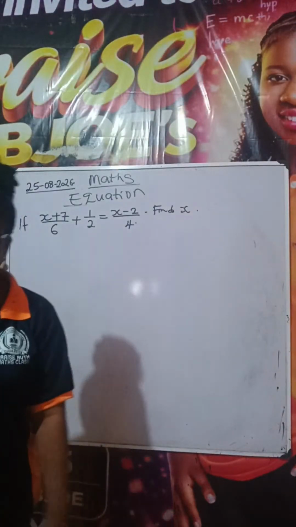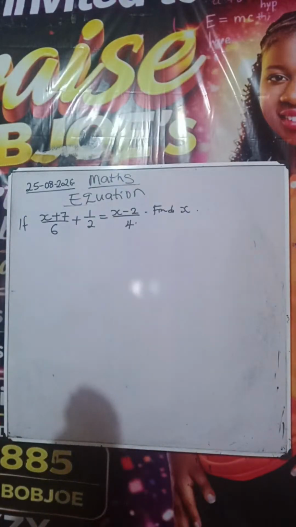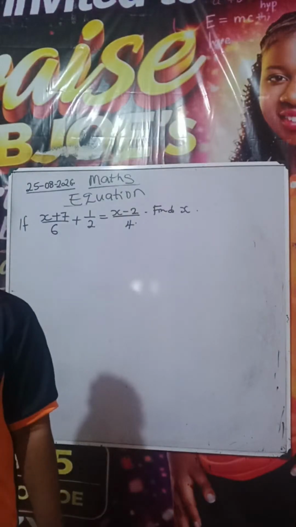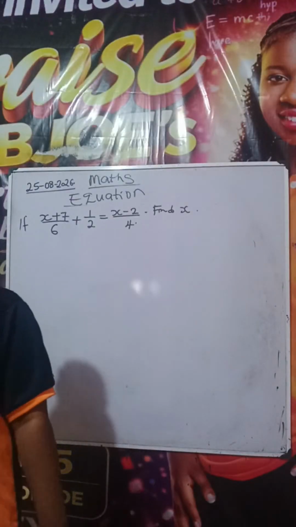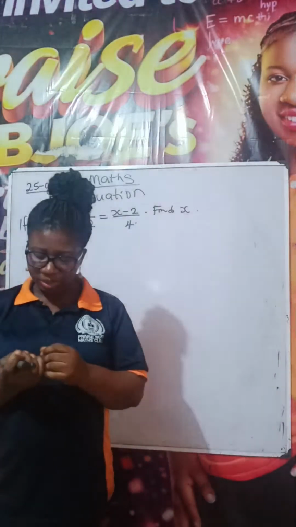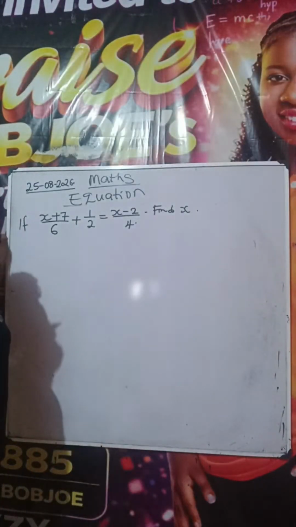So how do we solve this? How do we solve this one? Look at it. Anybody? So what are we going to do? So now all we need to do is look at it.